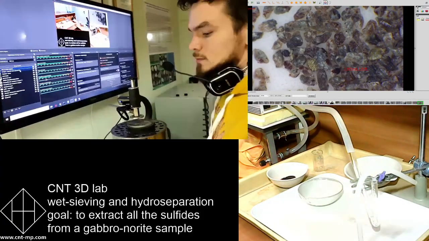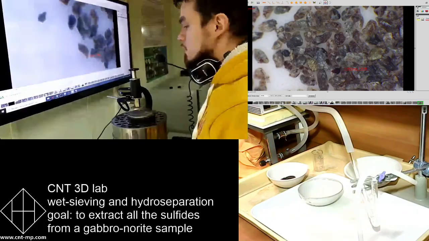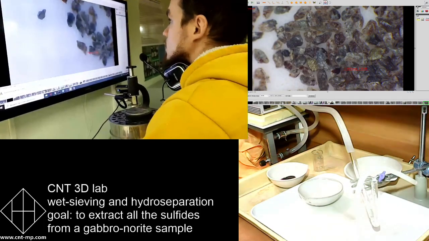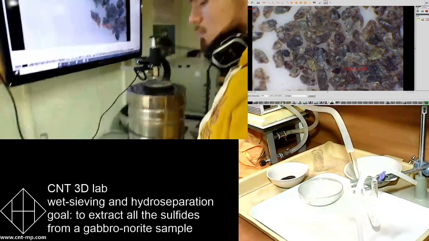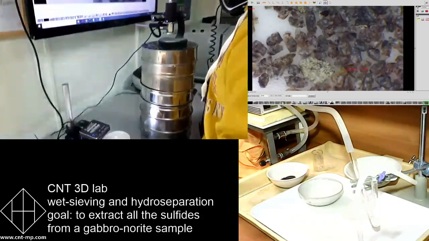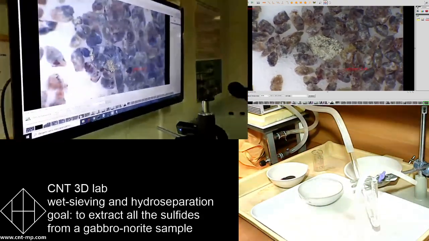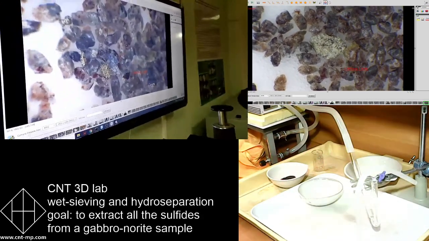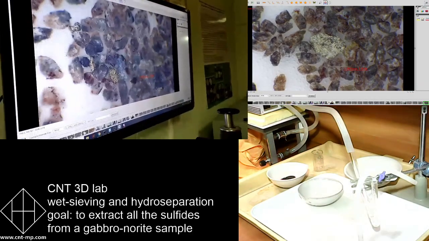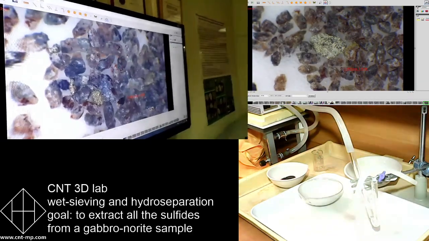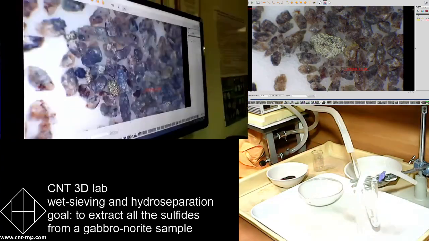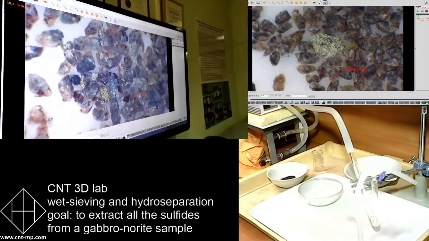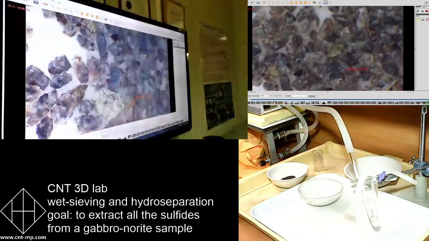Okay, there is a large sulfide grain there in the concentrate. It's preliminary concentrate still because, you see, there is quite a massive amount of grains here. We can always clean it more and make it just sulfide concentrate. It's just that we want to be quick and show you guys how the separation is handled.